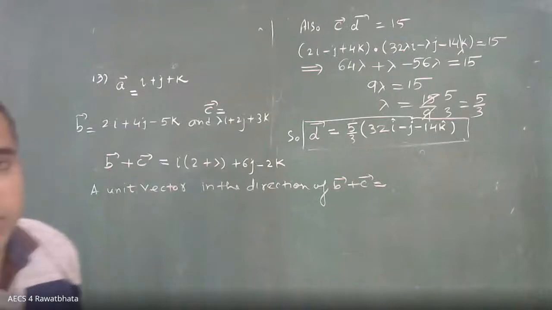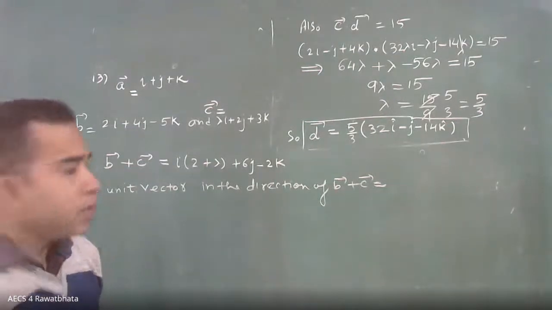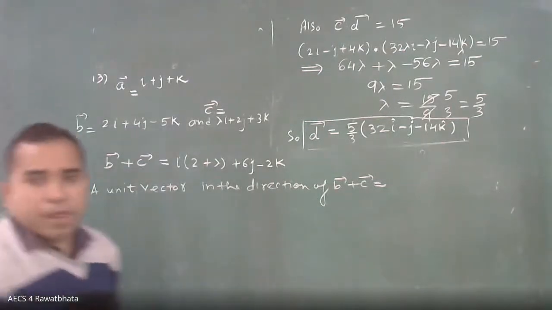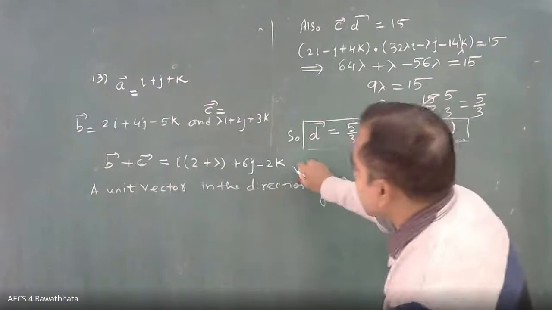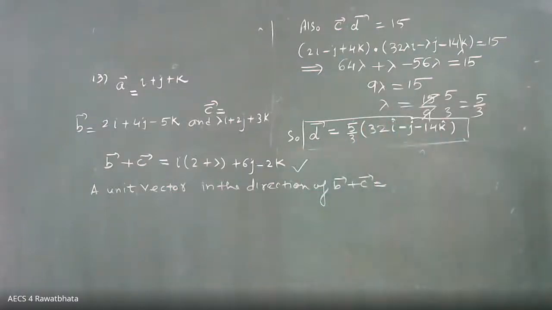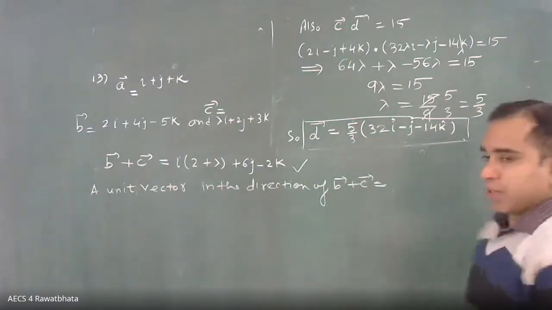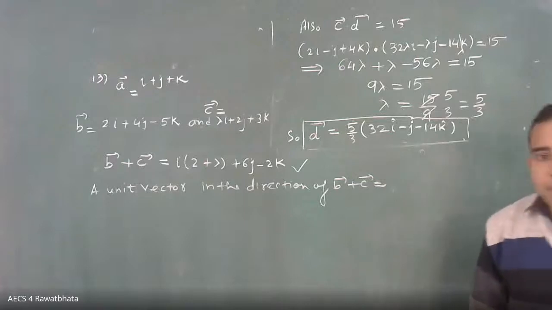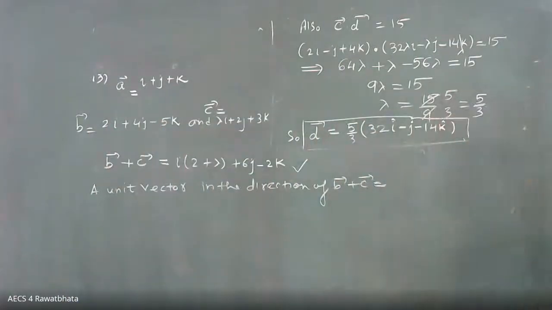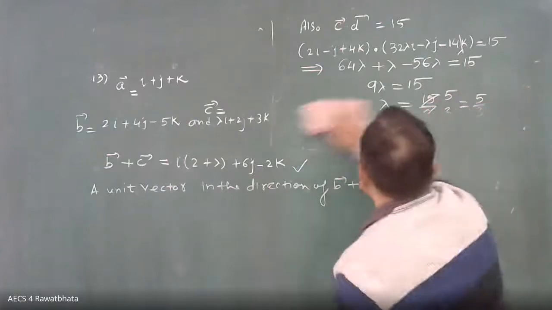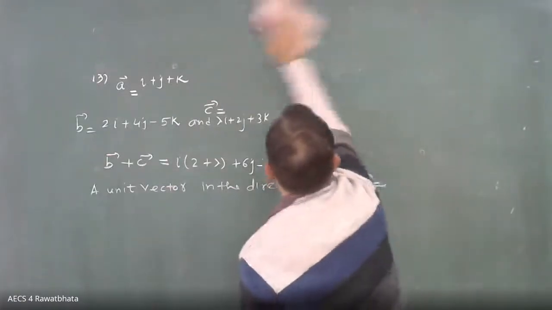Hardik Chauhan, do you know? Hardik Chauhan, are you there? This is my B plus C, and I want a unit vector in the direction of B plus C. Can you tell me, Hardik Chauhan?